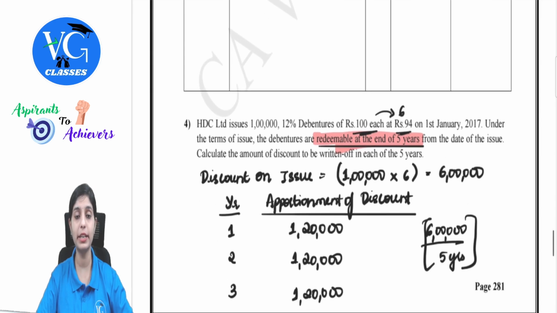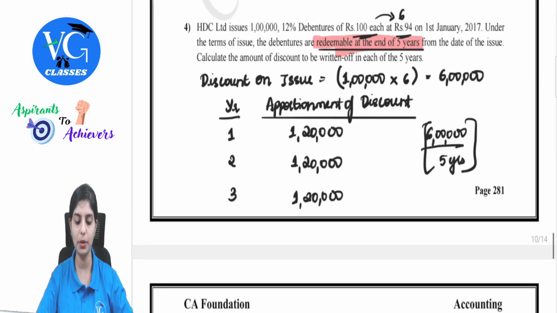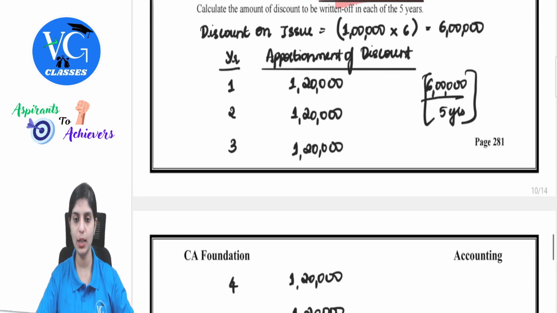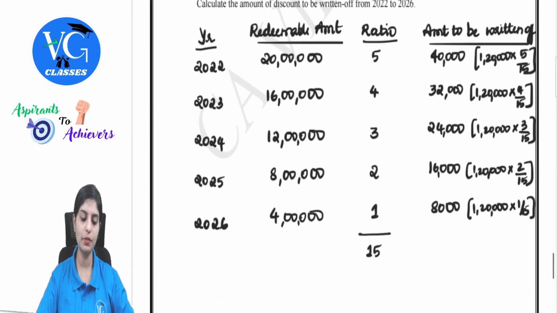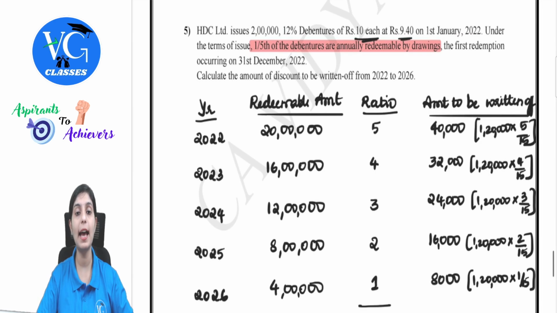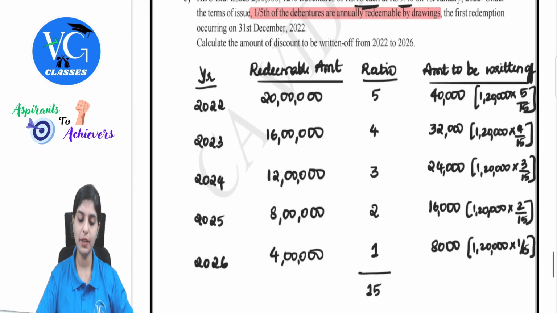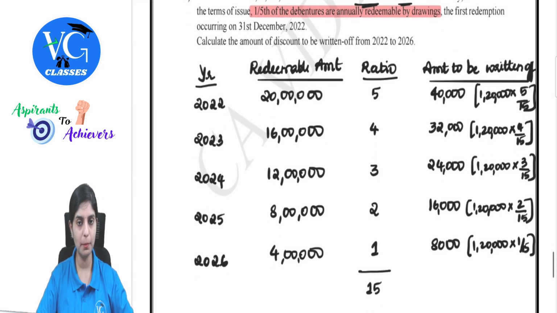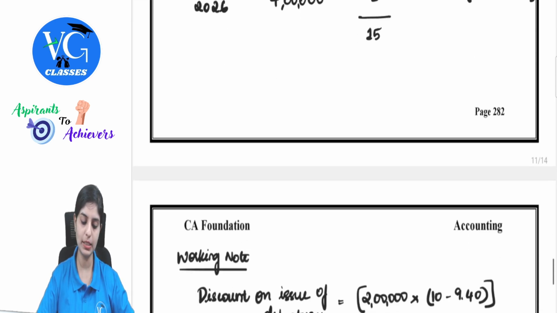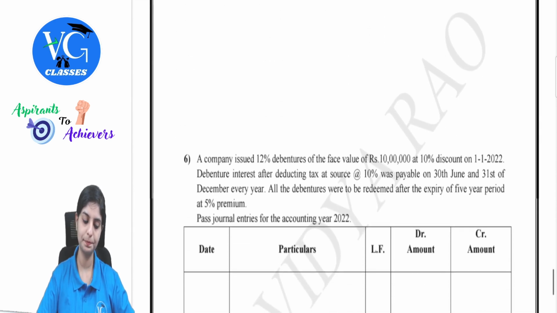Here it was redeemed at the end of the fifth year, so one common amount you apportioned equally. Whereas here there was 1/5 of the debentures annually redeemable. So first we calculated the redeemable amount, then we found out the ratio out of it, and then the amount to be written off. I hope this is comfortably understood.